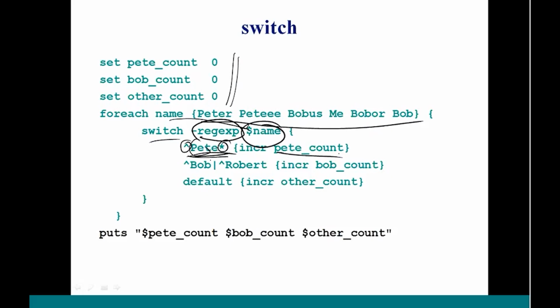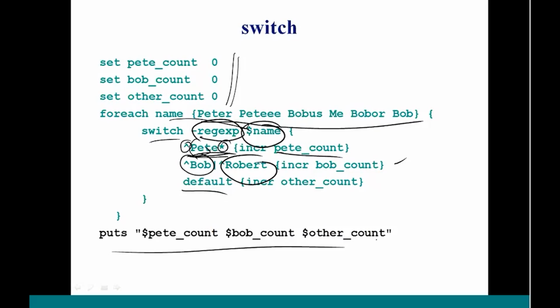And if it matches Bob or Robert, then we increment the Bob count, and the default is to increment the other count. So now can you tell me what this program will generate as the counts?